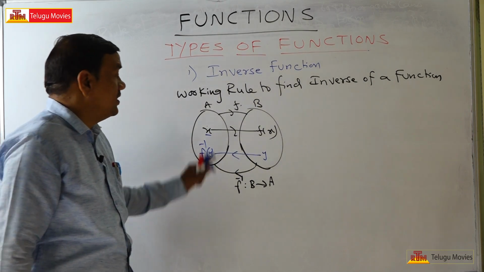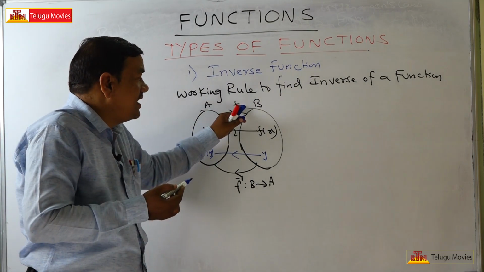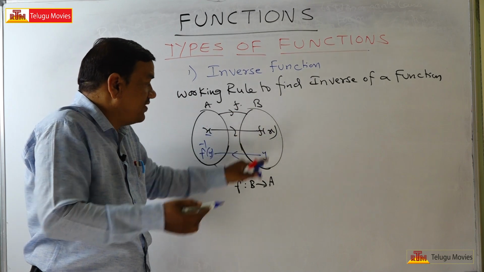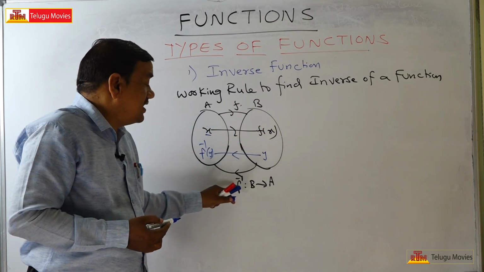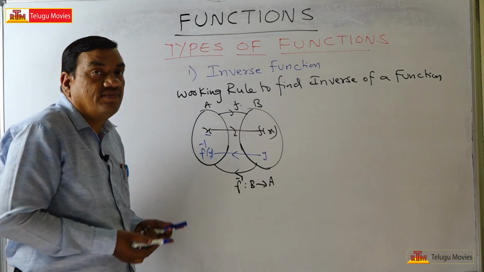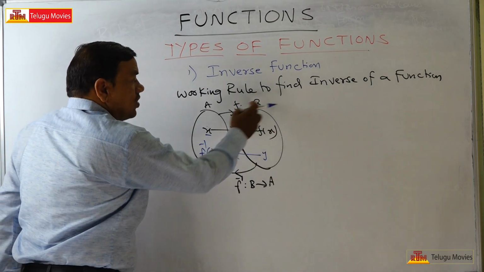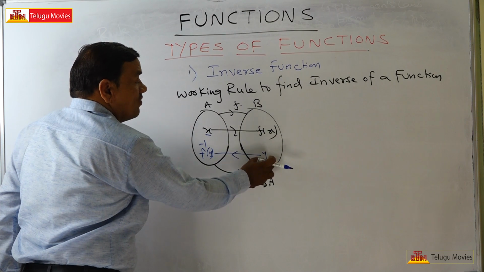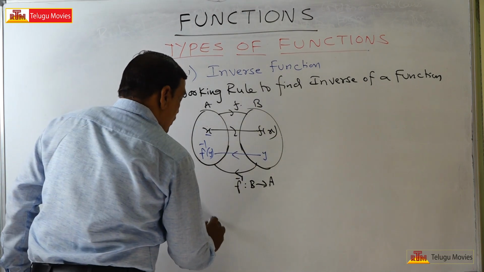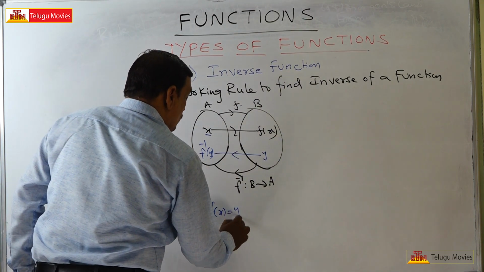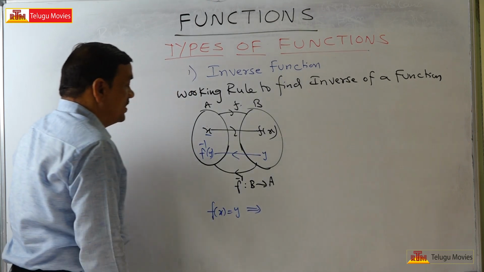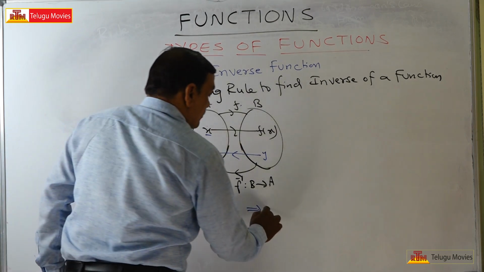If x is an element whose image under f is f of x, and y is an element under f inverse, the image is f inverse of y. That means in the codomain, all elements are either of the form f of x or y. Therefore, f of x is equal to y implies x is equal to f inverse of y.